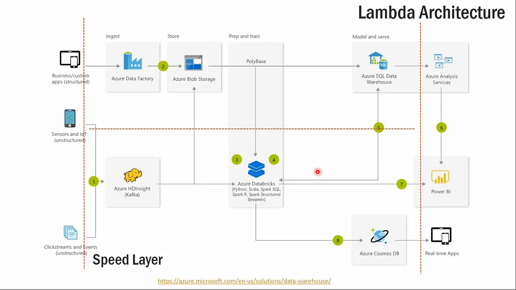As soon as possible, we apply machine learning models and we send back the information to our customers that are using the application. And we have the batch layer that is our traditional data warehouse data movement that runs overnight, but with Azure Data Warehouse and using Polybase, it's only going to take a couple of hours or less.